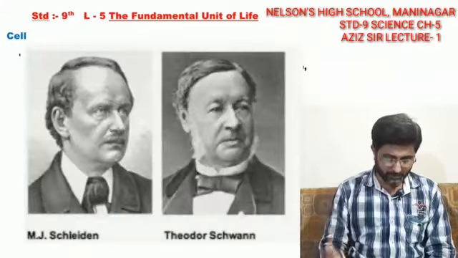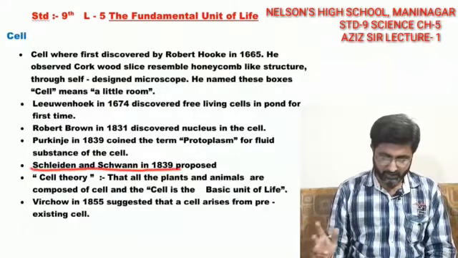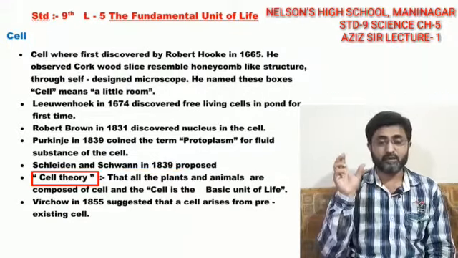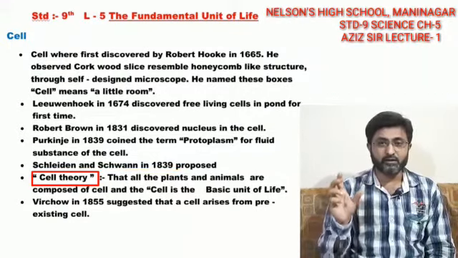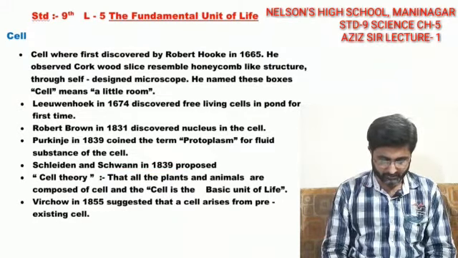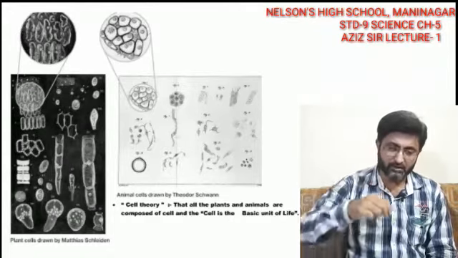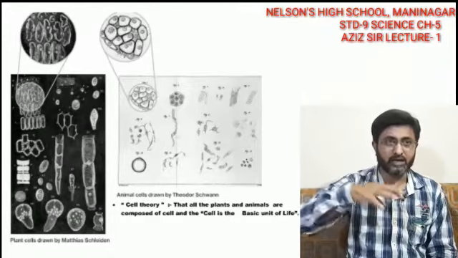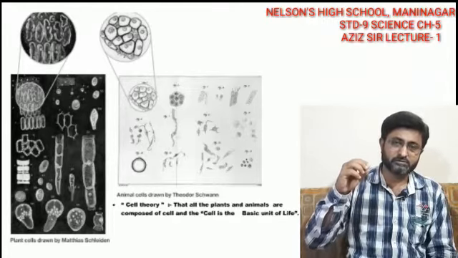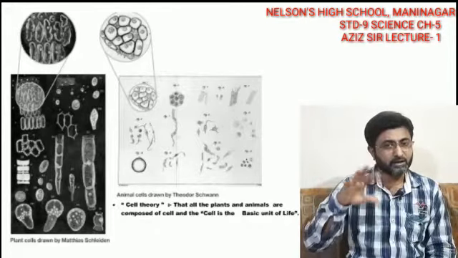Then important people came like Schleiden and Schwann. Schleiden and Schwann in 1839 proposed cell theory. This was the first established prominent theory known as cell theory. In this cell theory, the basic thing was, he said plants and animals both are made from a cell itself only. That means their basic materials are the same.